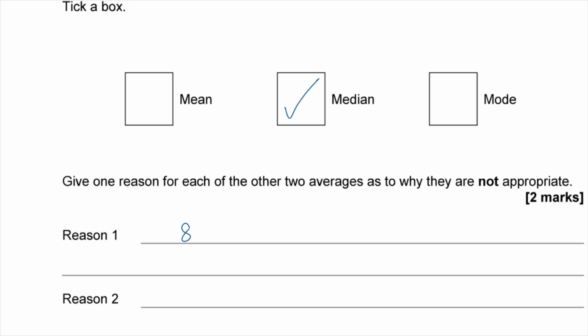So I'm going to write down that 82 is an outlier, some crazy fitness freak in there, and will have a disproportionate effect on its value.